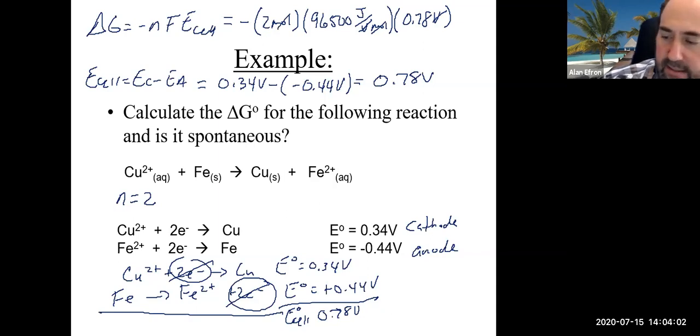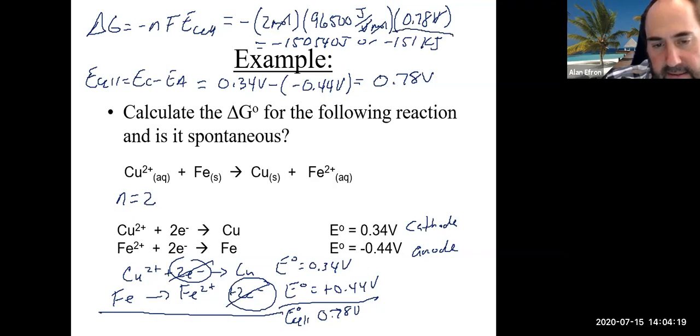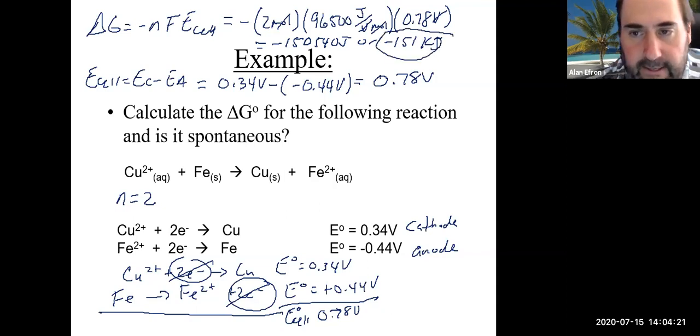And that will get us something like minus 150,040 joules, or if you want to clean it up a little bit, probably minus 151 kilojoules. Any questions on that? Or maybe minus 150 kilojoules might be better sig fig wise.